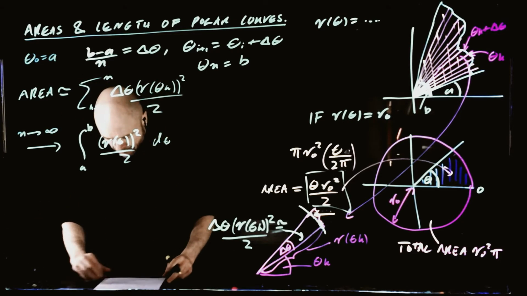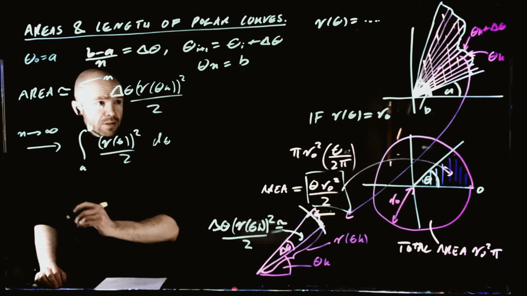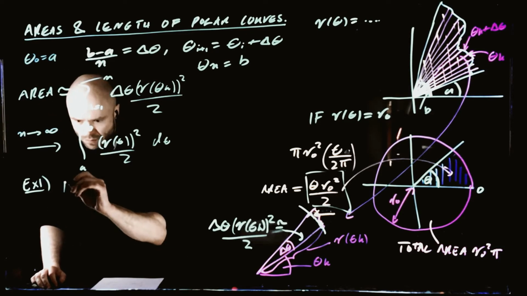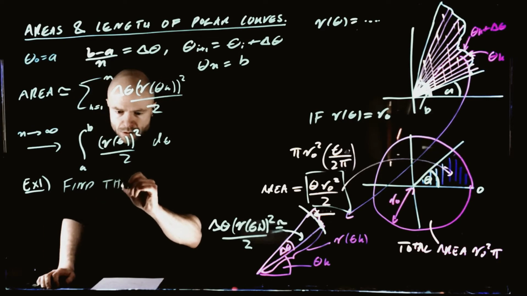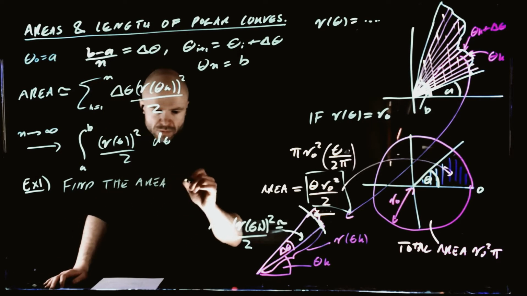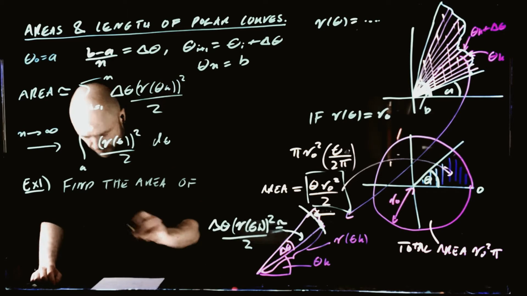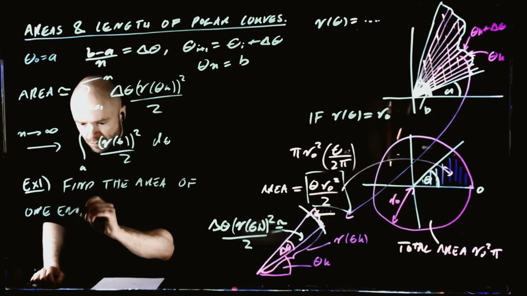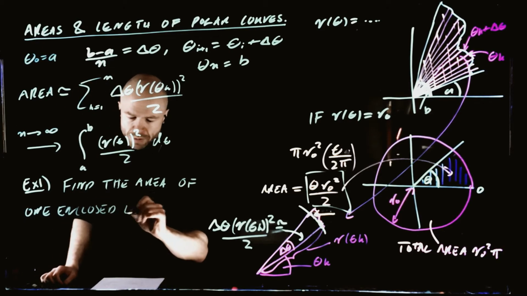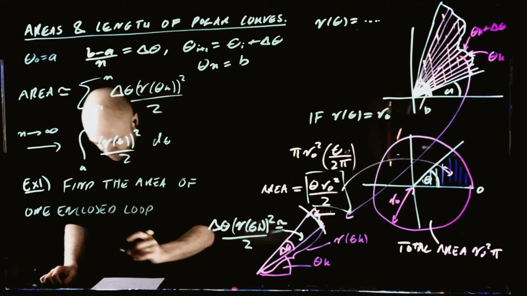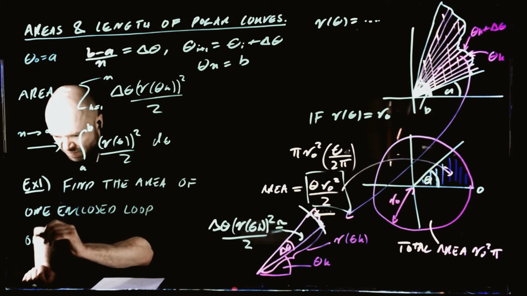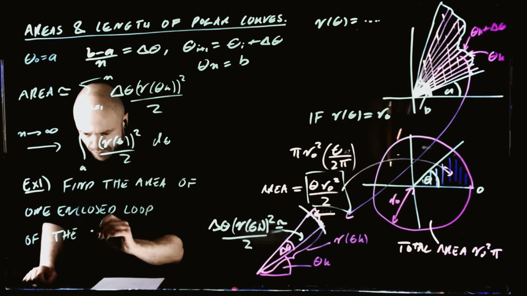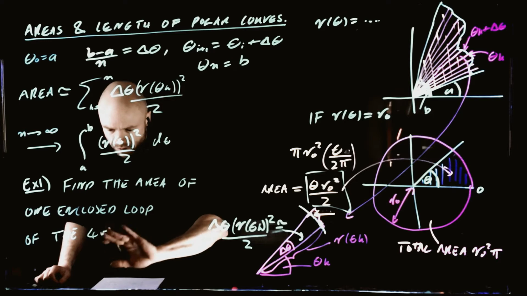All right, so let's use the formula. Let's actually calculate some things. So this is example 1. Find the area of one enclosed loop of the 4-leaf rose.